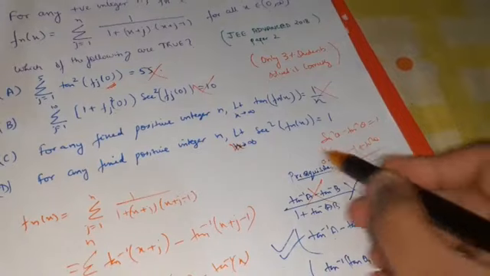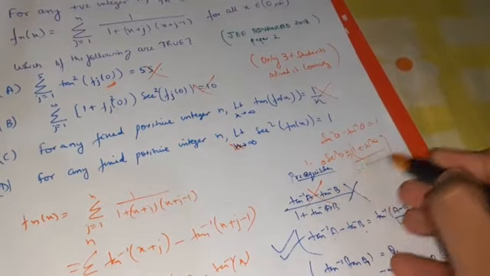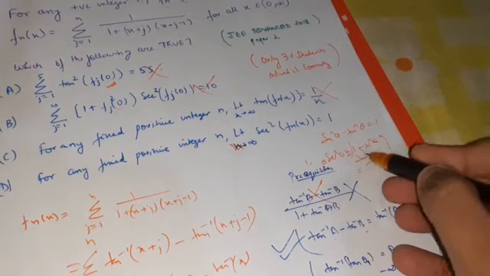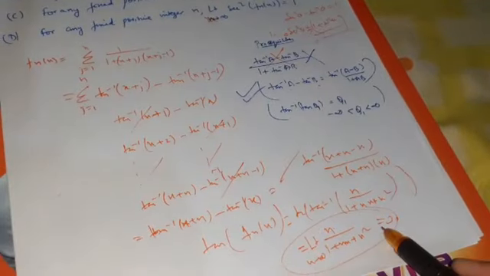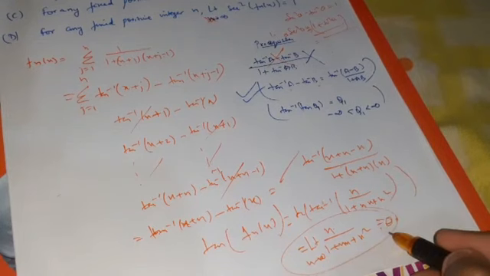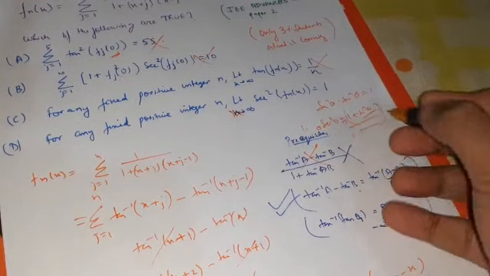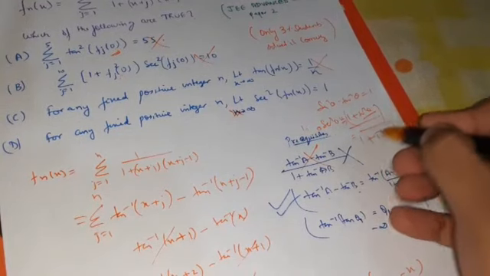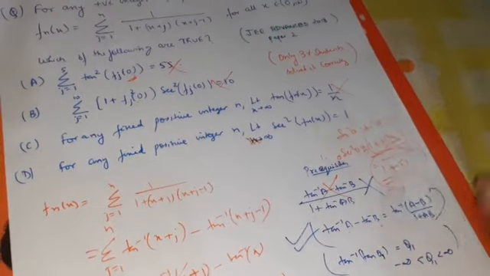Taking the limit on both sides, you take 1 plus tan square theta. You straight away know that tan theta, after taking the limit, comes as 0. So you can put this as 0. What you are getting is 1 plus 0, that is 1. So this option is correct.